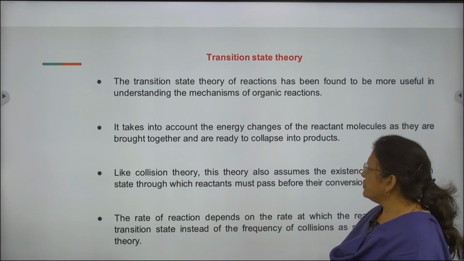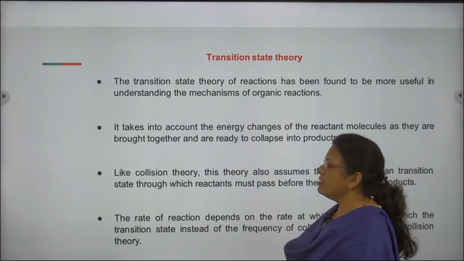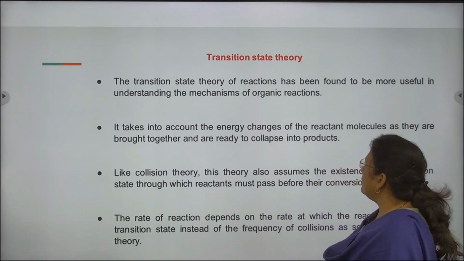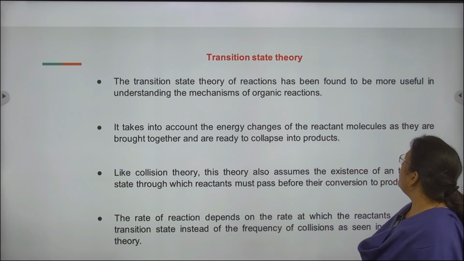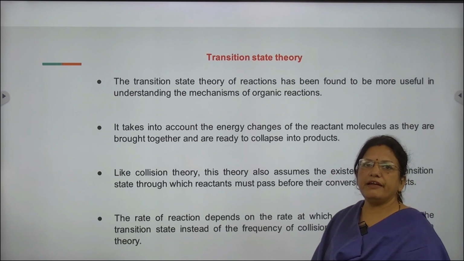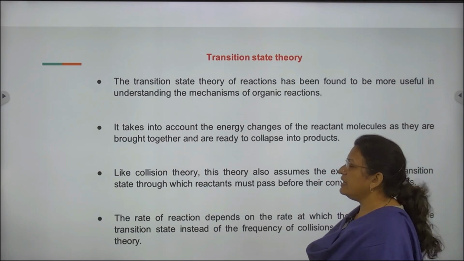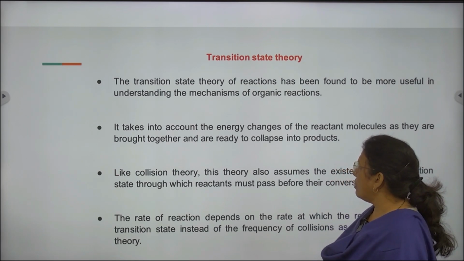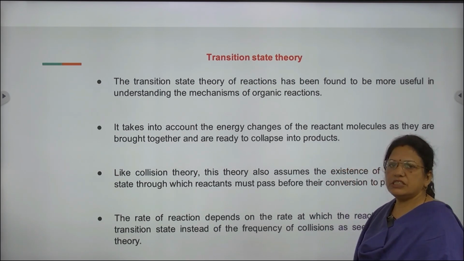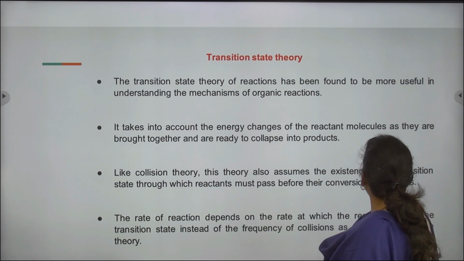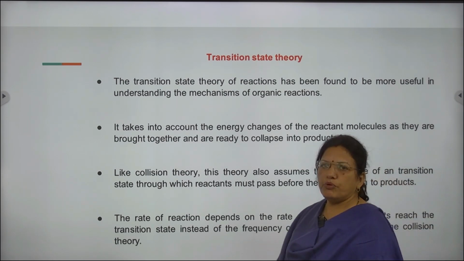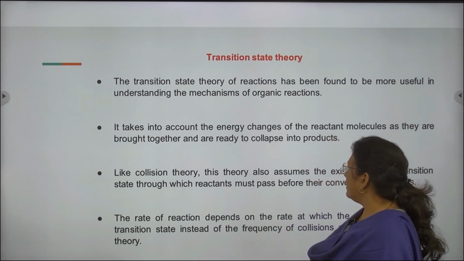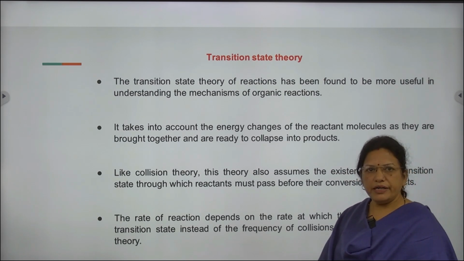Now, transition state theory. The transition state theory of reaction has been found to be more useful in understanding the mechanism of organic reactions. It takes into account the energy changes of the reactant molecules as they are brought together and are ready to collapse into products.